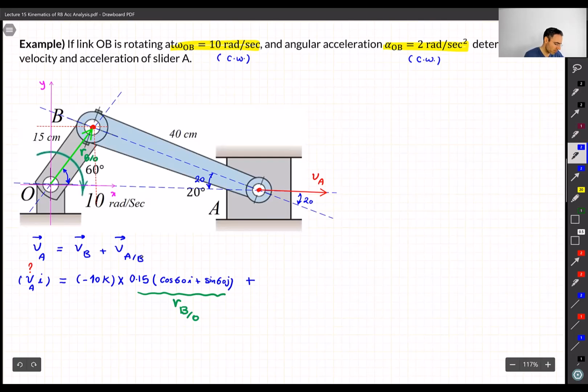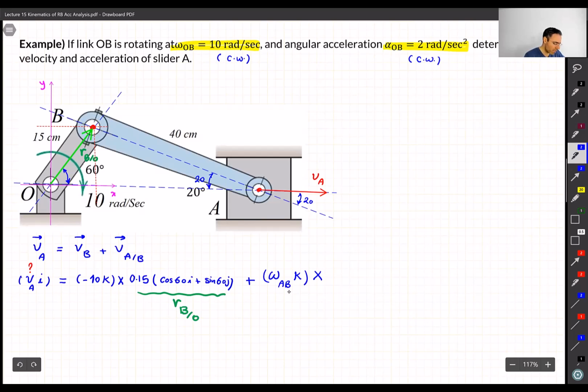We have the formula, it is omega AB cross, and we know it is a K, right? But we don't know if it is positive or negative. We just show it as omega K. And it doesn't matter. We just assume it's positive, and if we get a negative number, then we find out that the rotation is negative.